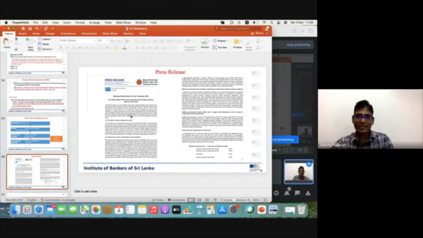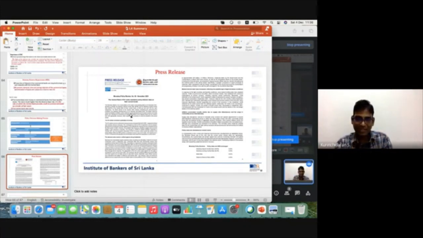But the transmission to the deposit rate of the customers will take some time, because bankers don't want to increase immediately. They delay as much as possible and then increase. So it will go like that based on the cost of funding.